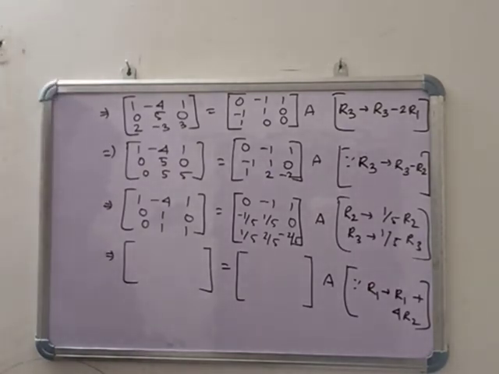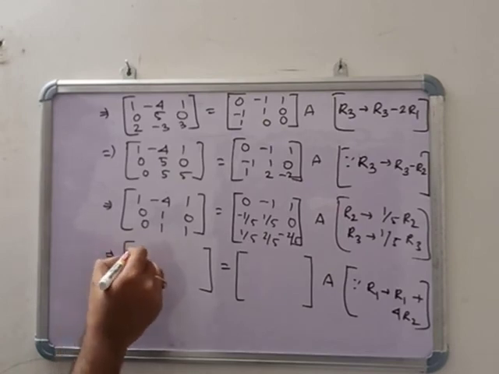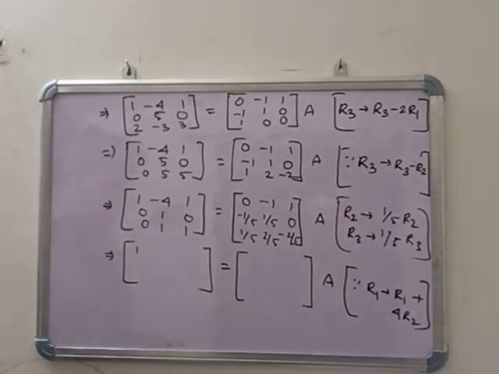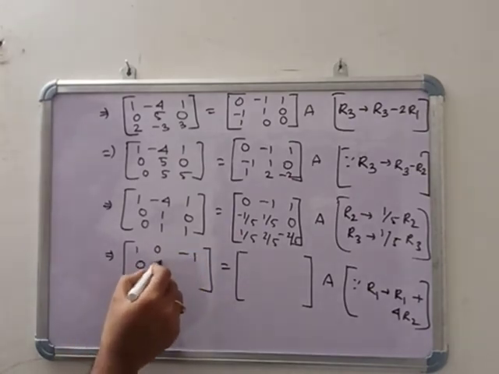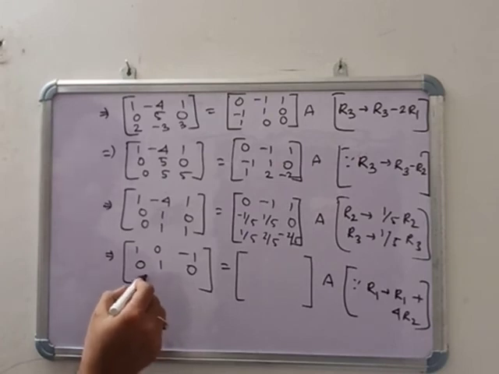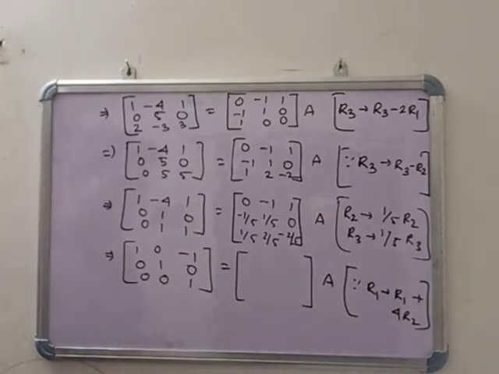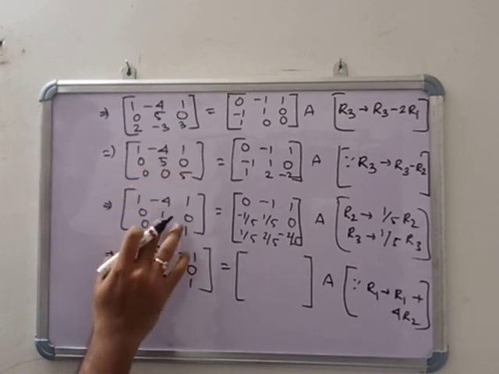So now we get 1 0 minus 1, 0 1 0, 0 0 1. Okay, sorry, this is 0, not maths, that's all.